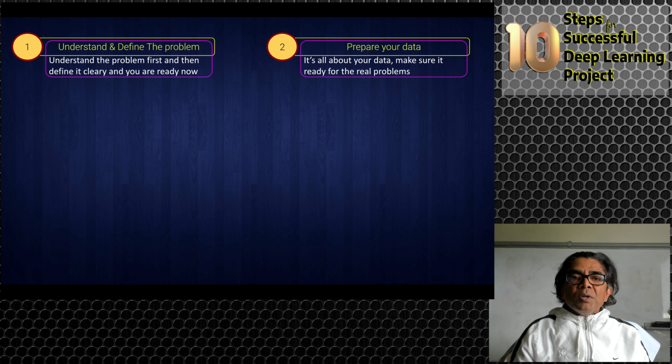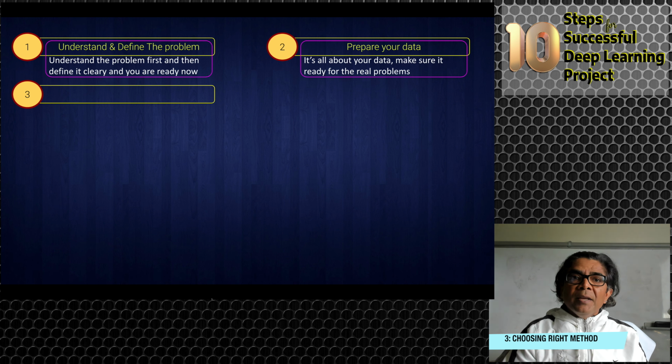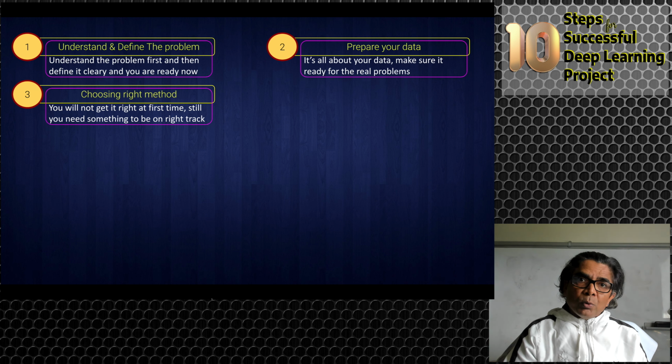For your problem to be successfully solved, you must be able to gather as much data as is relevant to your project, clean it, prepare it, and make it machine learning or deep learning ready specific to your problem, because this step is going to be the very first guarantee to achieve a rightful solution to your deep learning problem.